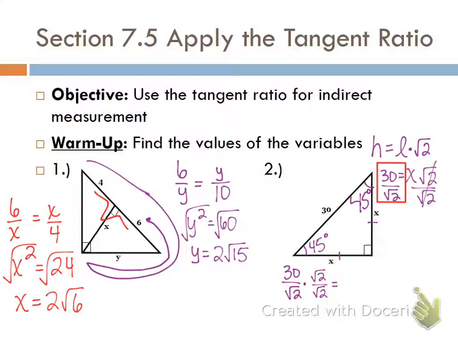Okay. In order to rationalize, we multiply top and bottom by the square root of 2. In the numerator, that gives me 30 root 2. What do I get in the denominator? What simplifies? Okay, 30 over 2 simplifies to 15, multiplied by root 2.